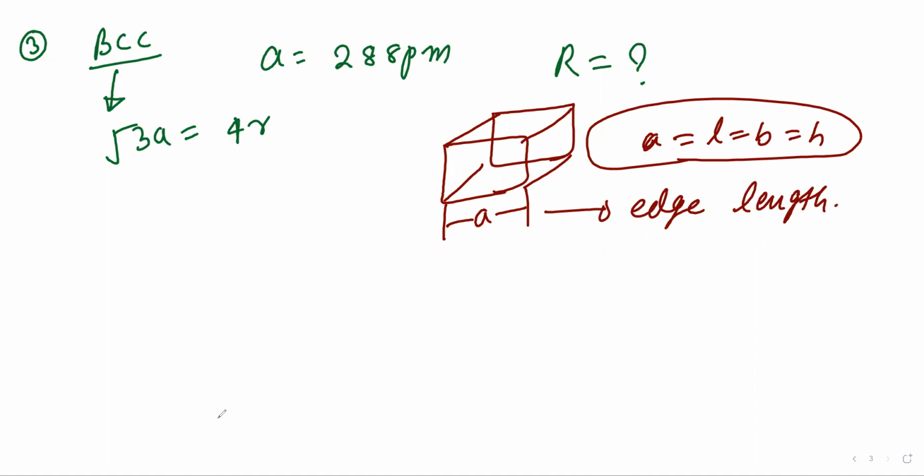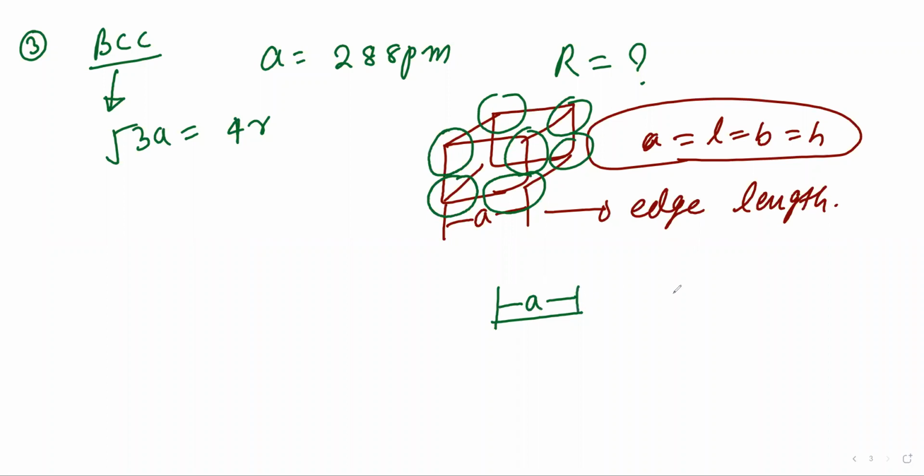Understood? Now I will keep an atom on each corner of this cube. Suppose this is your edge length A. Now I will put one atom at each vertex. So total, right?